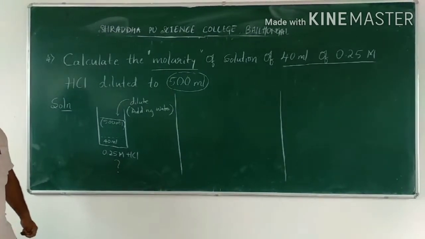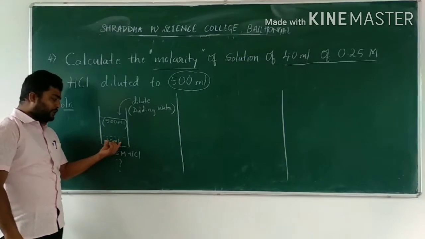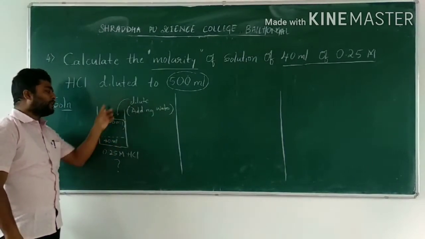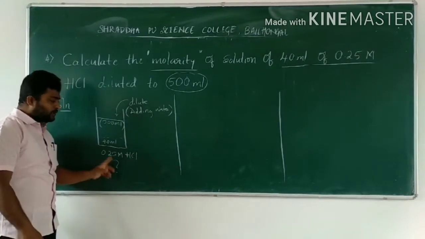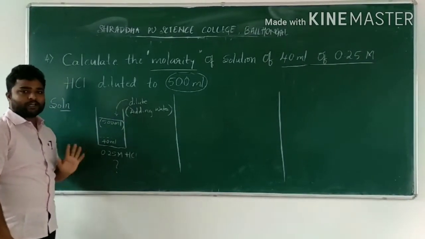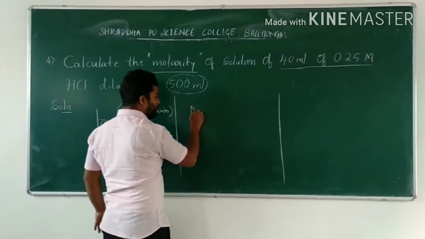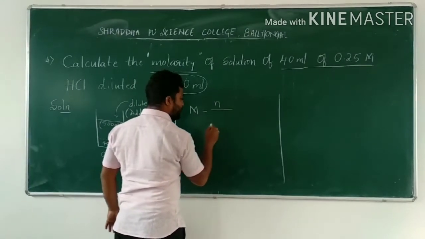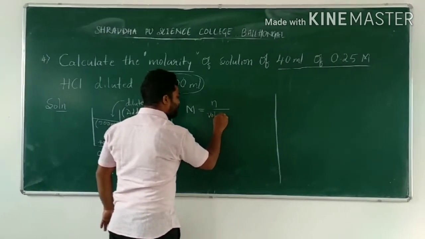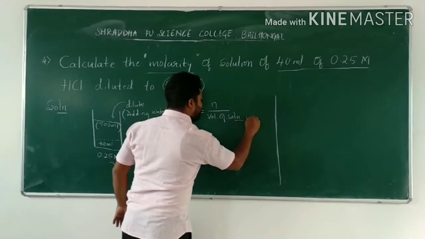You have to calculate. First it is 0.25 M when it is only 40 ml. Now it is being diluted with water and the resulting solution is 500 ml. So what is the newly obtained molarity? As you know, molarity is equal to number of moles divided by volume of solution in liters.